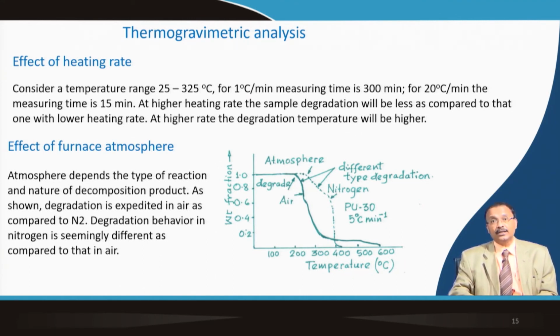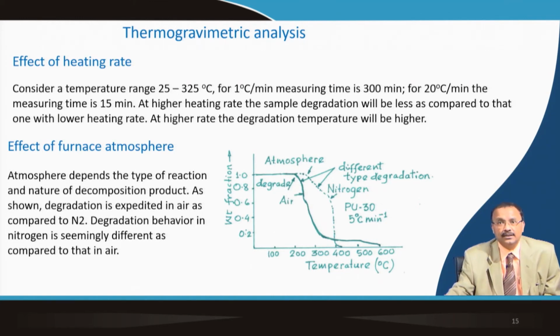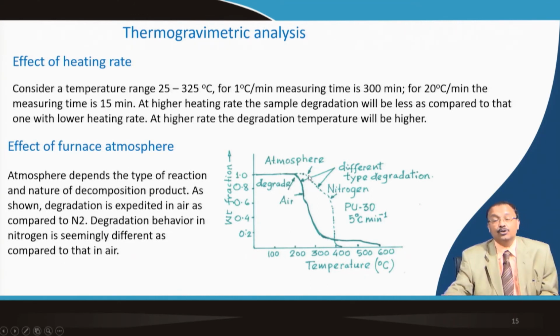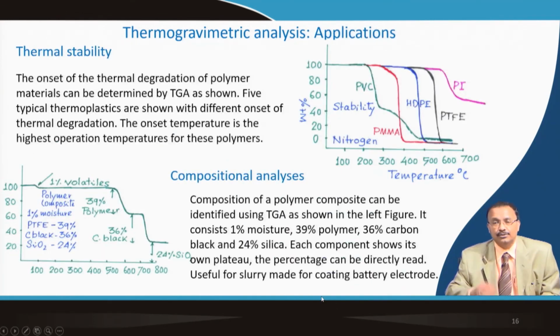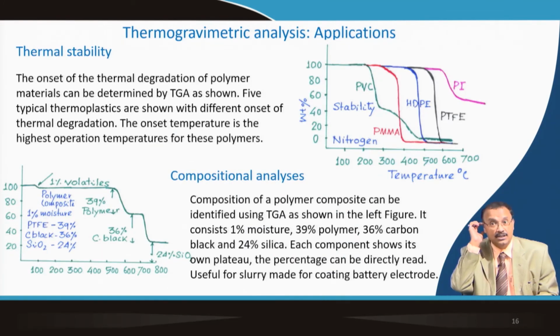In case of air the degradation is expedited, it occurs at a relatively lower temperature as compared to the same in nitrogen. Also the degradation behavior in nitrogen is very different as compared to that in air. So, the type of degradation is important, and therefore, the furnace atmosphere will also have to be judiciously selected.